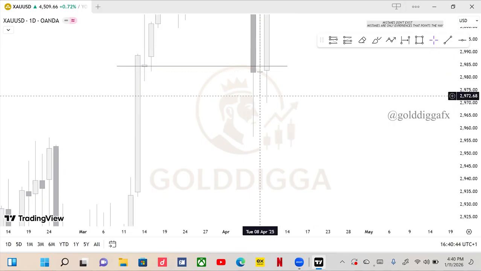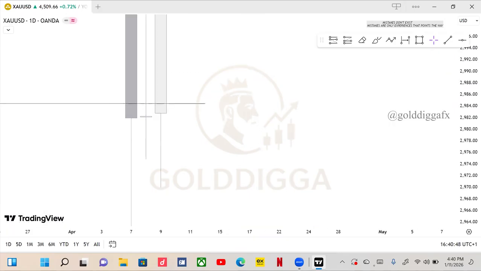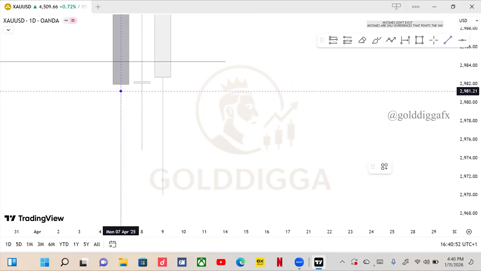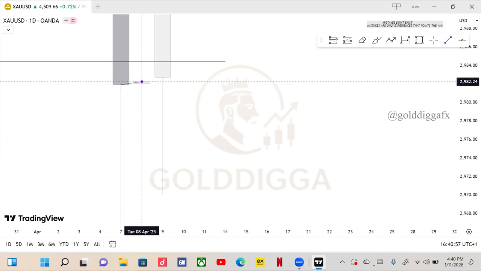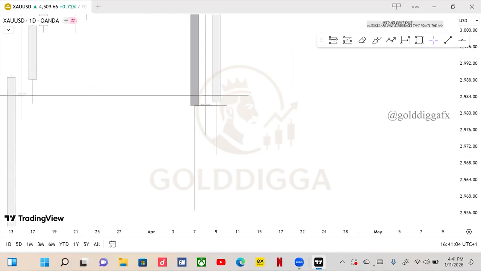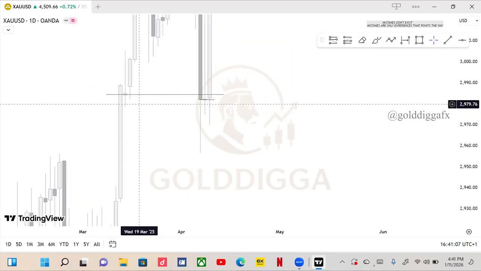But then you can now see that still inside the weekly, price created a new daily support. Sell, buy, then now instead of using this for your storyline, you could use this.